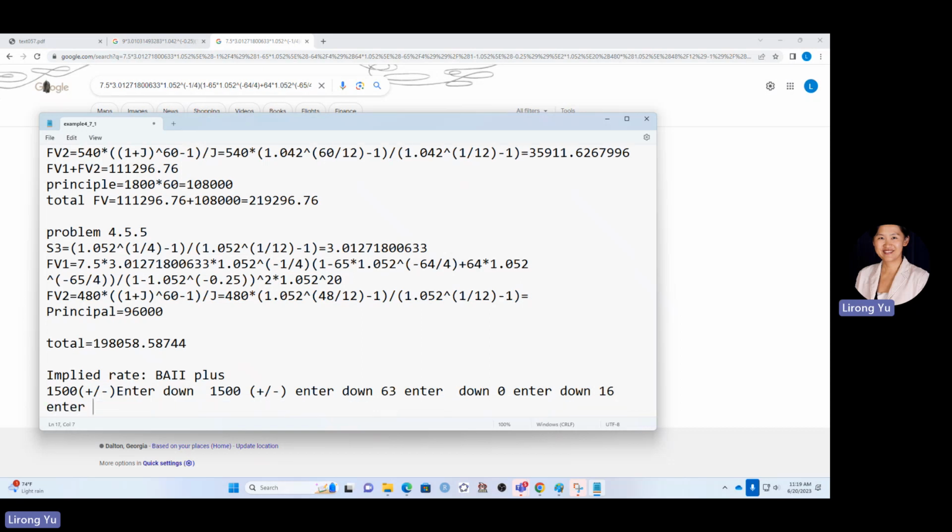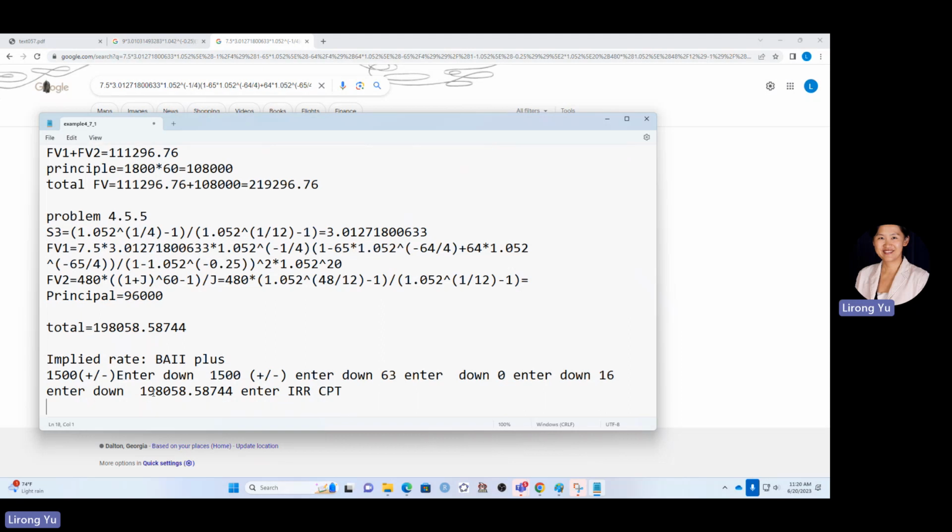You enter to make sure that 16 is being entered as a frequency, and then you push the down arrow again. Then you're going to enter this number that we just found as the future value, as the next cash flow. So enter this as your cash flow, and then push the IRR key, and then push CPT to let it compute.